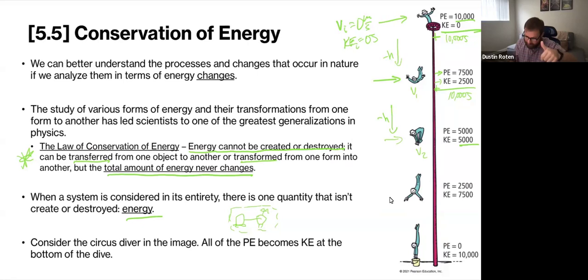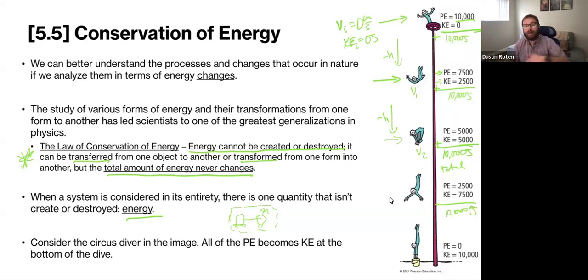Halfway down, it's split between potential energy and kinetic energy. But if we add those two things together, the total is still 10,000 joules. We can do the same thing for the next step. He's got even more kinetic energy and even less potential energy. But if you add those two up, it's still 10,000 joules.